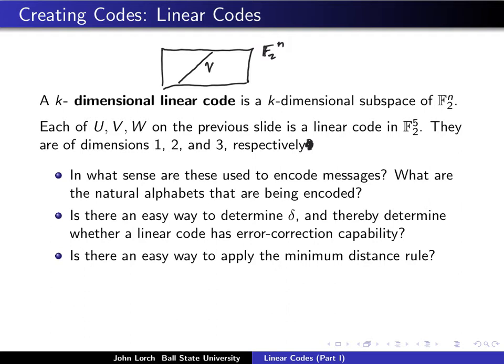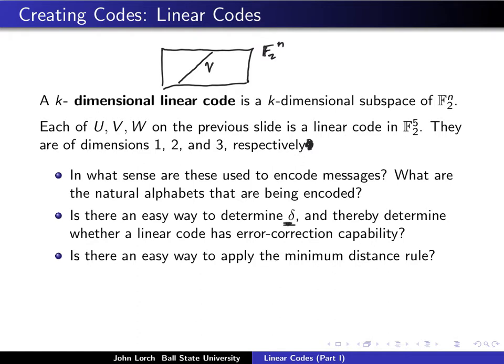Okay, now you might be wondering a few things. First of all, in what sense are these subspaces being used to encode messages? In other words, what are the natural alphabets that are being encoded, whose code words would be these elements of these subspaces? Then the next thing is, because error correction is important, we're going to want to know how to find the minimum distance of such a code.